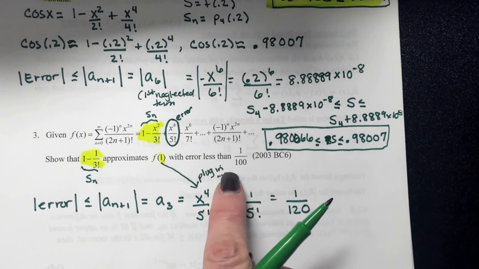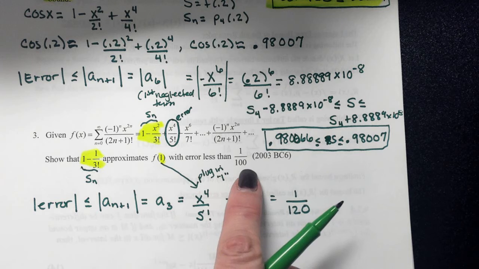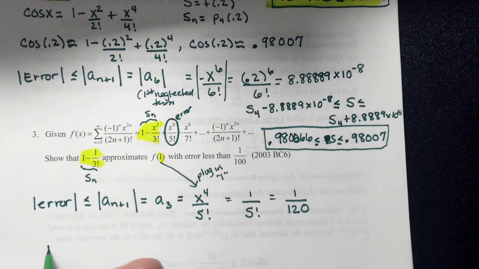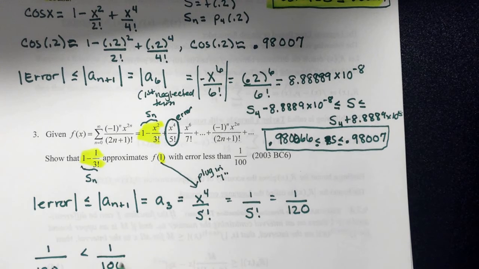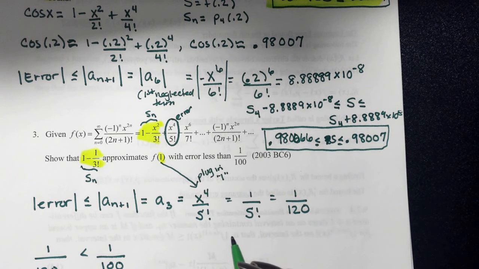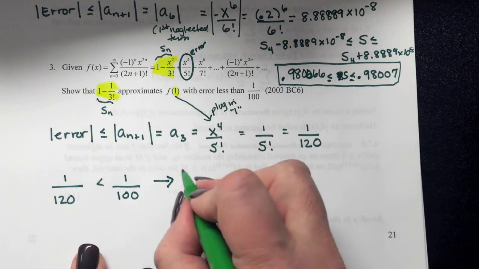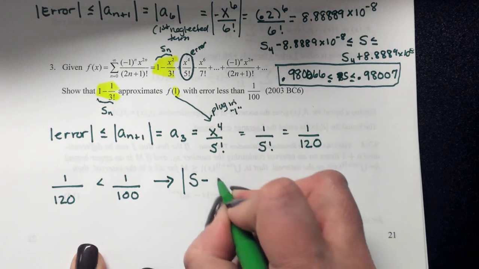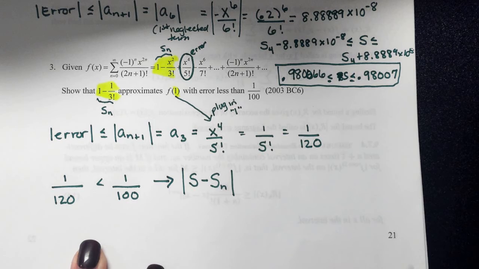So I'm showing that this S approximates f of 1 with an error less than 1 over 100. Well, I know that 1 over 120 is less than 1 over 100. Another way they sometimes write this particular error, we know that it's actually representing the absolute value of S minus that particular partial sum.